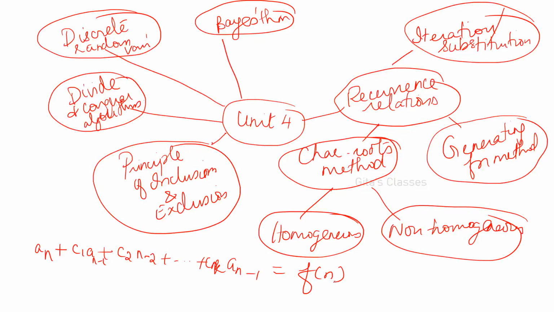If the right hand side function is equal to 0, then it is called a homogeneous recurrence relation. If the right hand side function is not equal to 0, it is called a non-homogeneous recurrence relation.